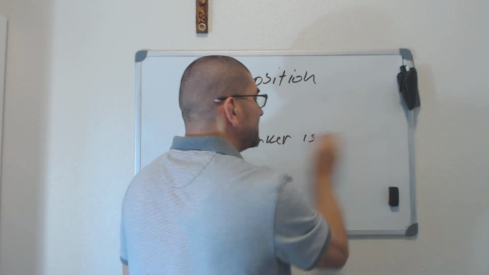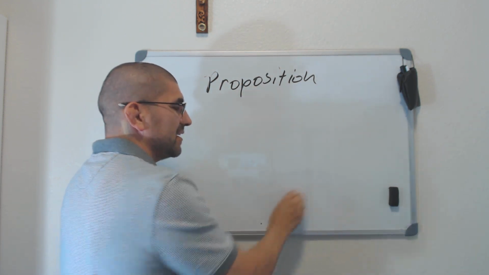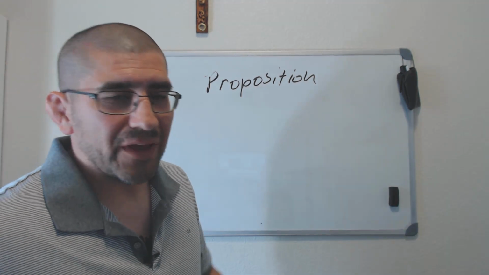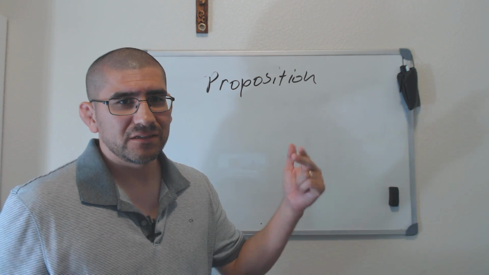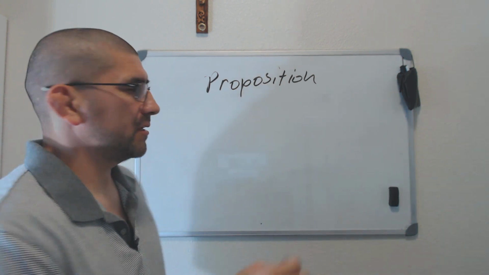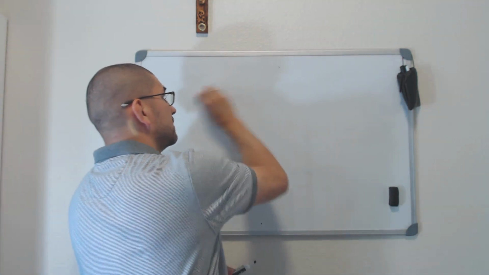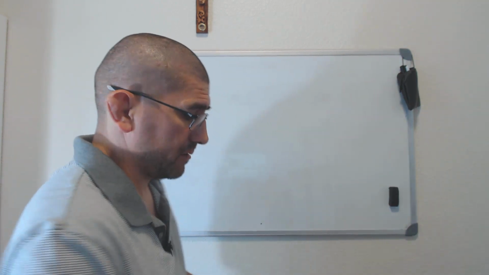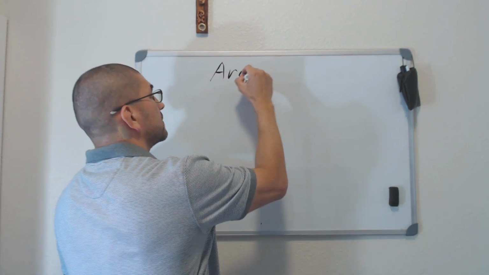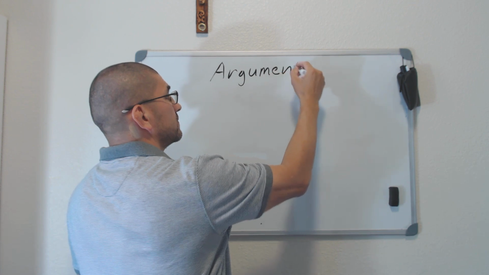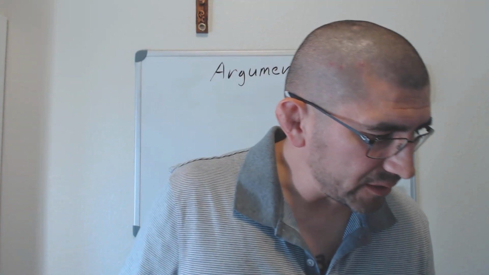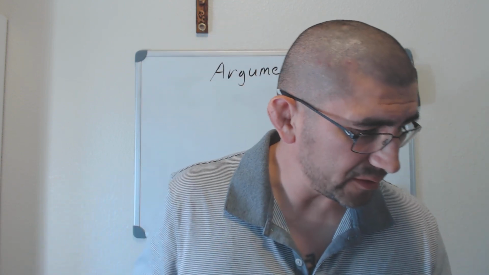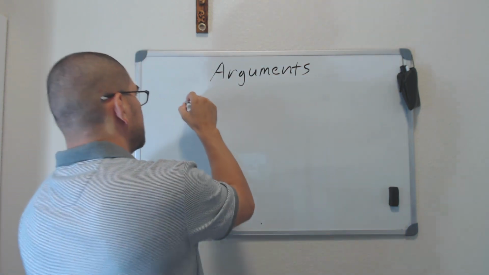In other words, there's basically three areas. When you study logic, the main areas that you're studying are terms, propositions, and arguments. And I'm going to give you an argument right now. In the textbook, the argument that's given by Kreeft, the author of the textbook, is the most famous argument.